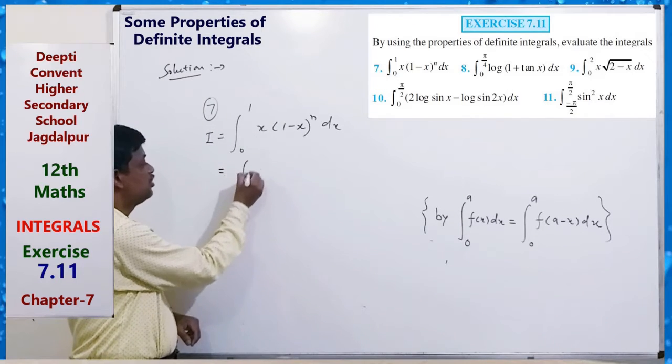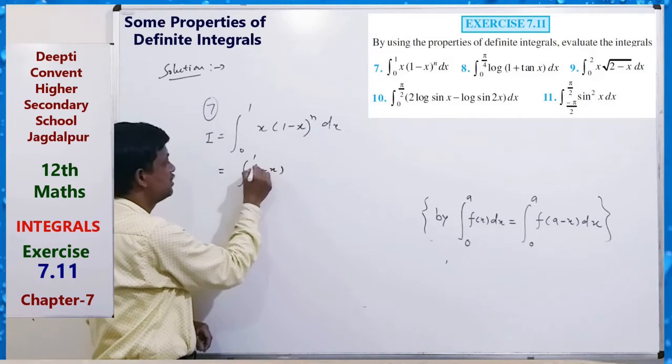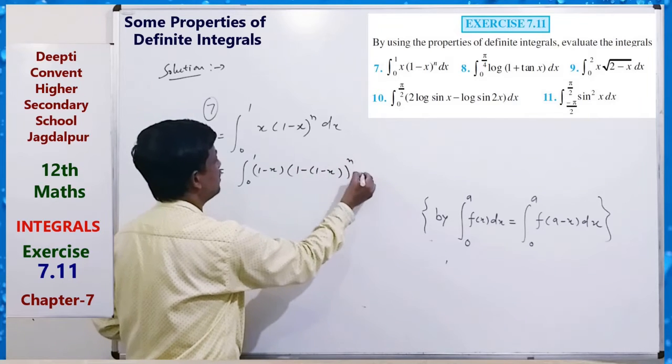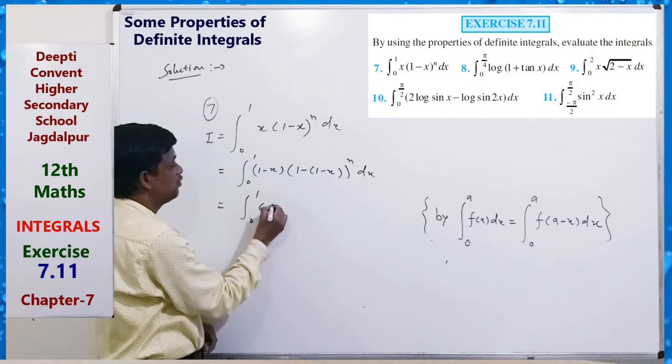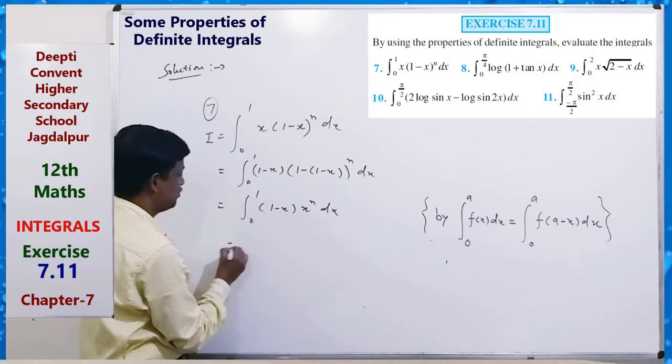How? 0 to a, in place of x, a minus x means 1 minus x, and here 1 minus x power n dx. So we can get it like this: 0 to 1, 1 minus x, here x to the power n dx. Now it can be solved very simply.